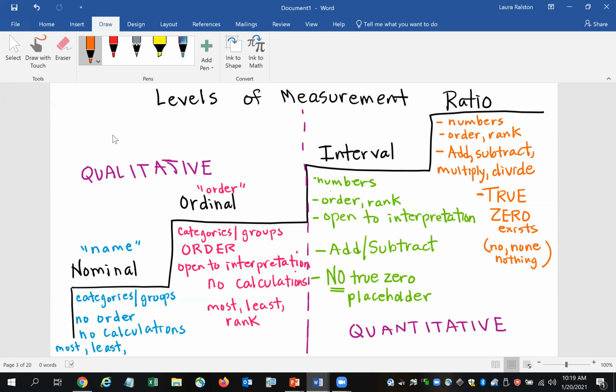One of the questions I got last week from an online student about this level of measurement was asking about the area in square yards or square feet of your neighbor's yard. So basically, what's the size of your neighbor's yard?